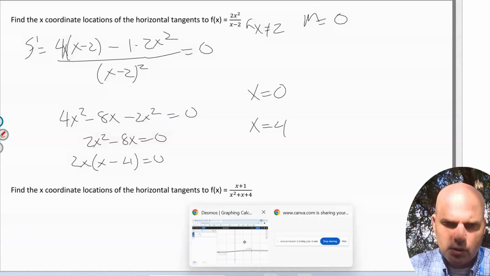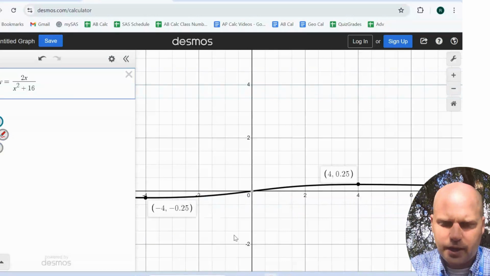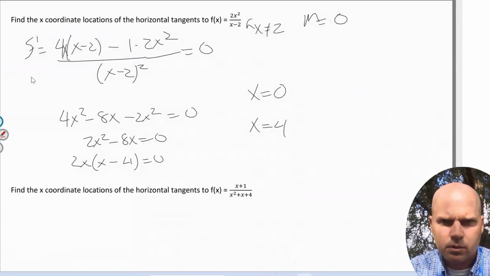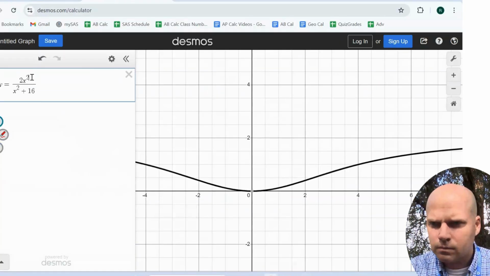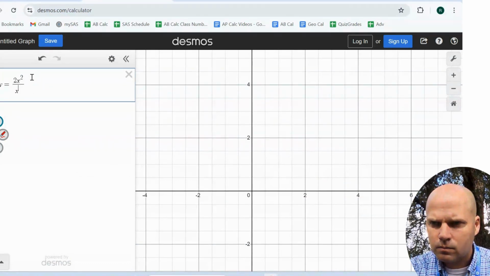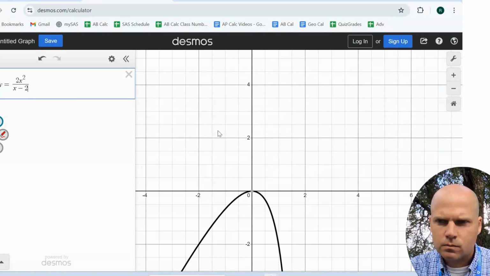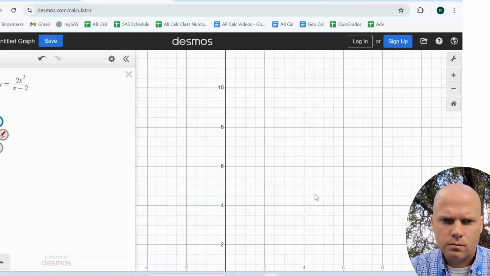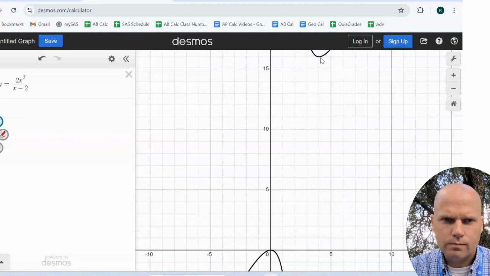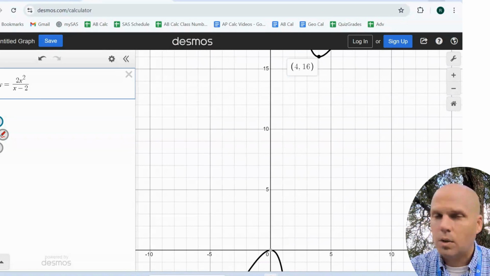I want to see 2x squared, x plus 2, x minus 2. Bam, 0, 4. Oh, bam.